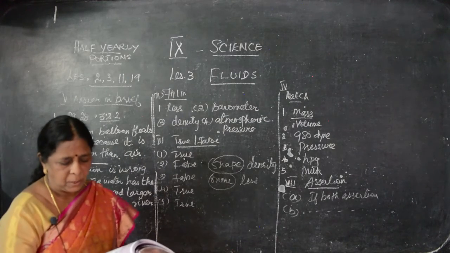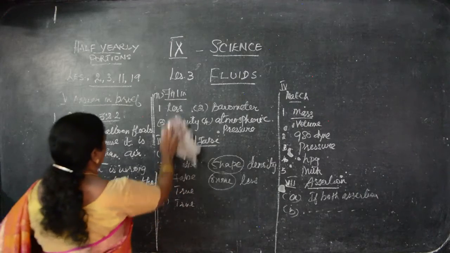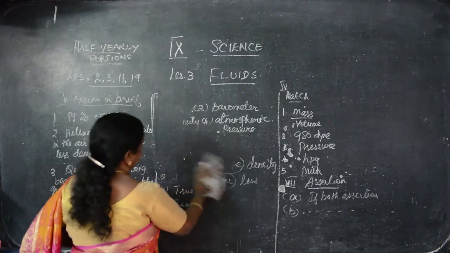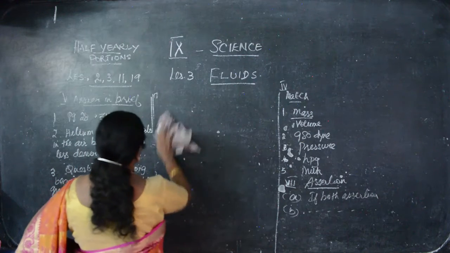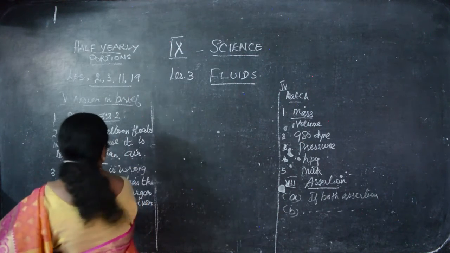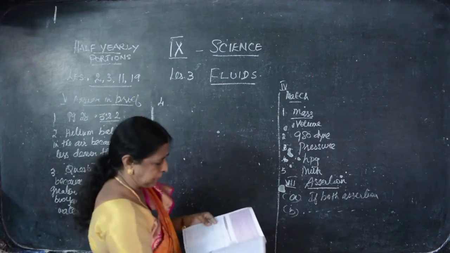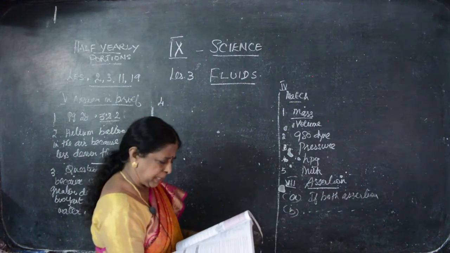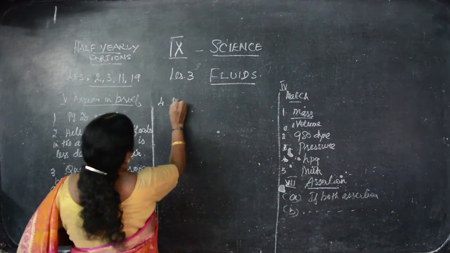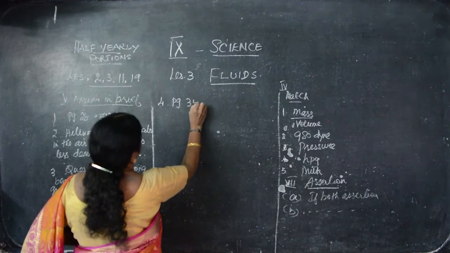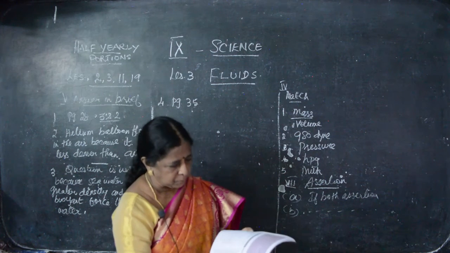Clear. Fourth one, what is meant by atmospheric pressure? Fourth short answer. It's in page number 35. First you take down page number 35.